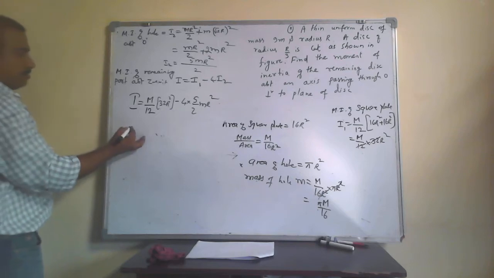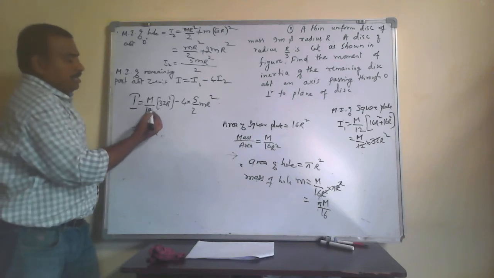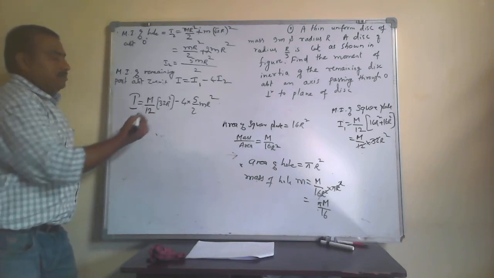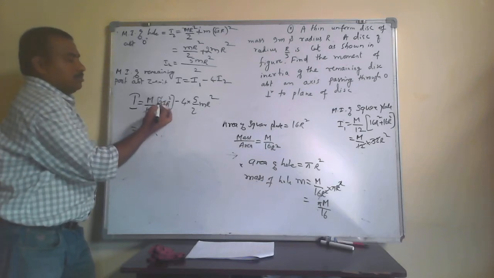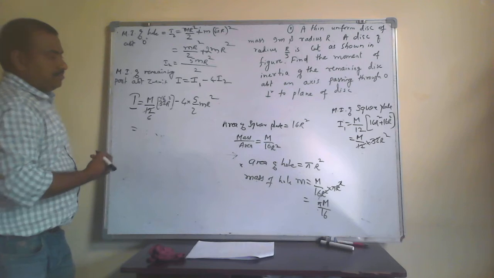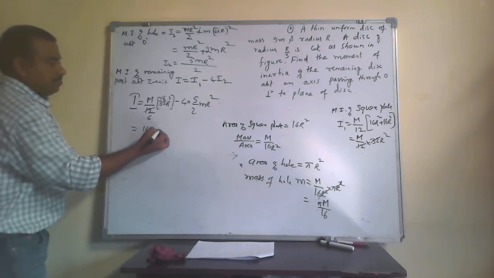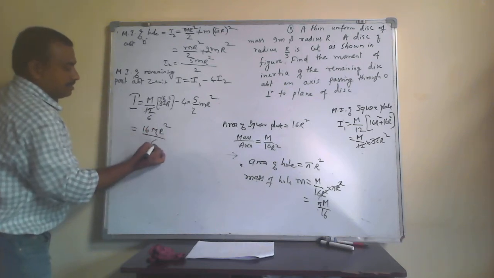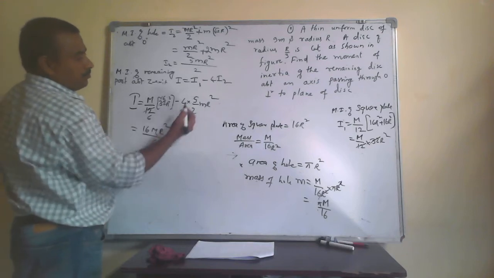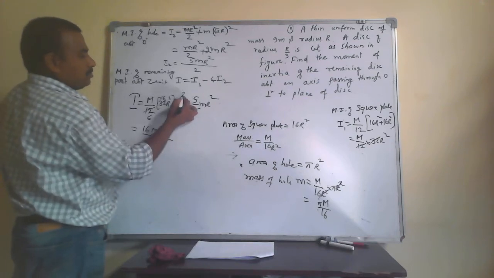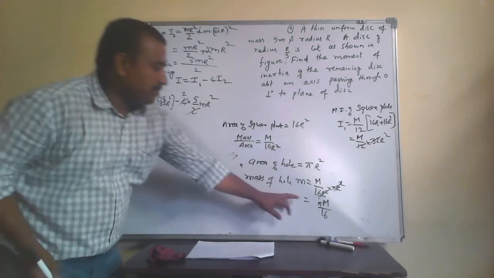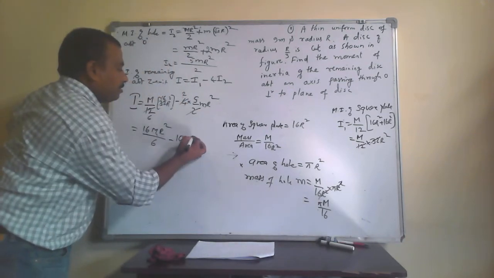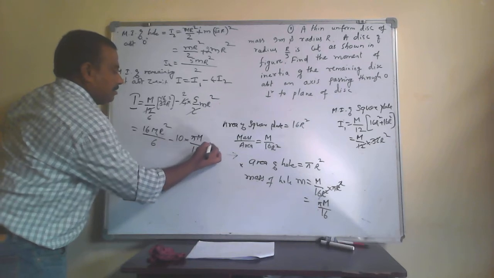Here you can multiply with 6: 16 m r square by 6 minus 4 times 5 is 20, 20 by 2 is 10, small m r square. What is the value of small m? Pi m by 16, so pi m by 16 r square.